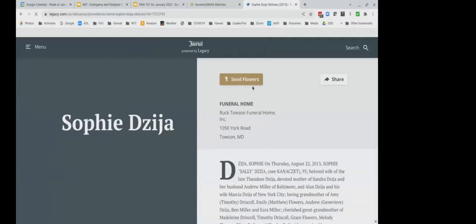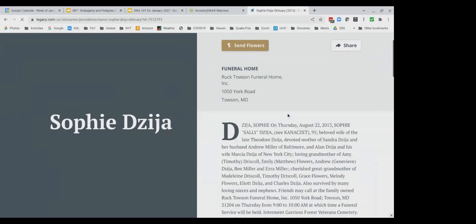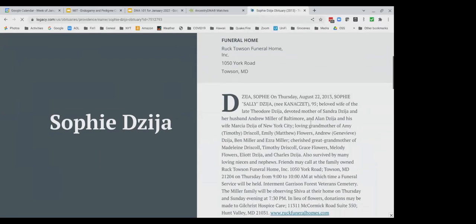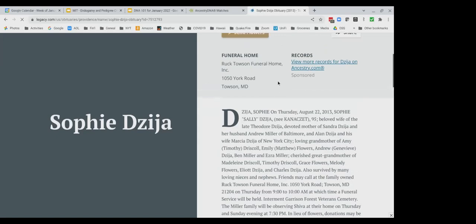I'm using Google. I'm also going to use Ancestry. And here I find that Sophie Zija, born Kanaset, beloved wife of Theodore, and mother of Alan Zija. So she is a Kanaset, and she would in fact be another child of the Kanaset branch of the family.